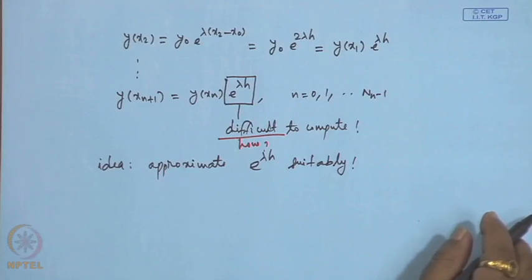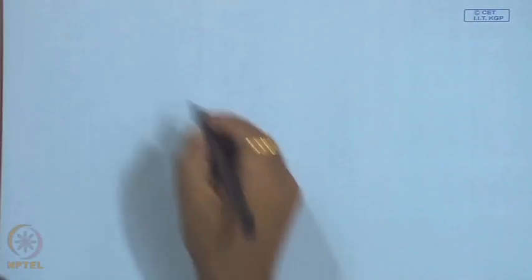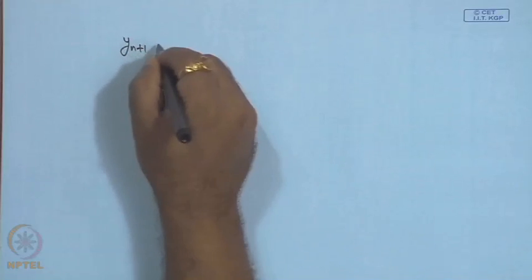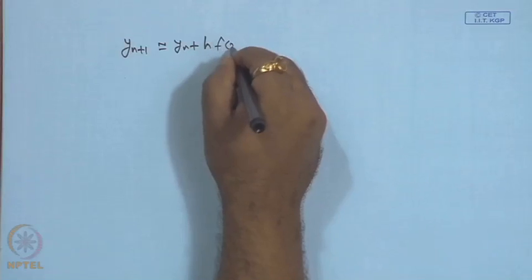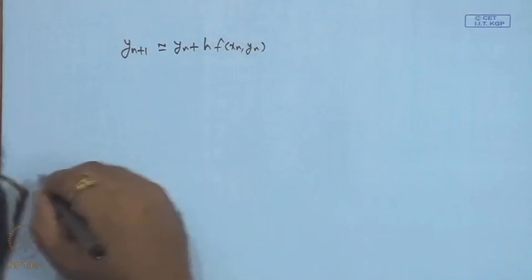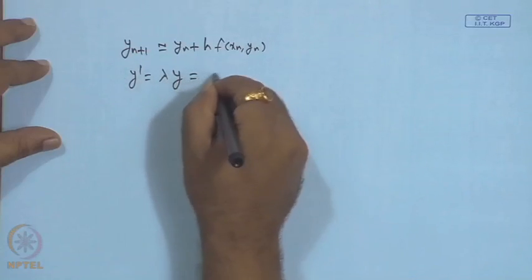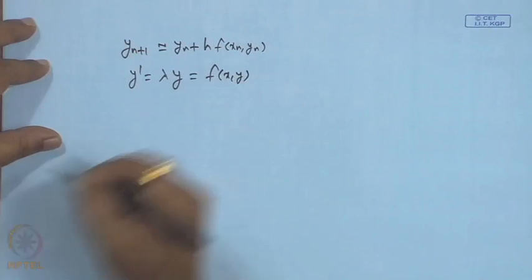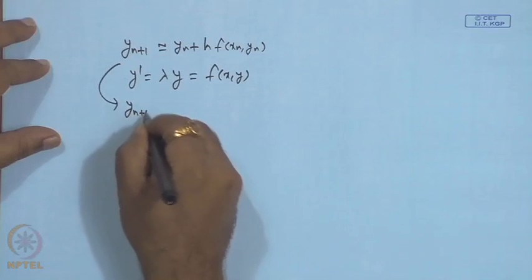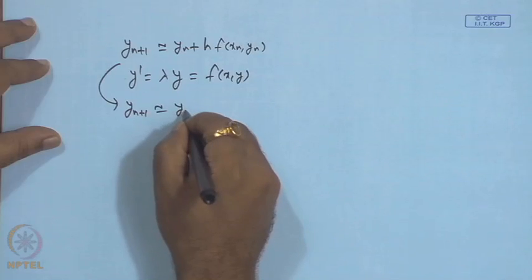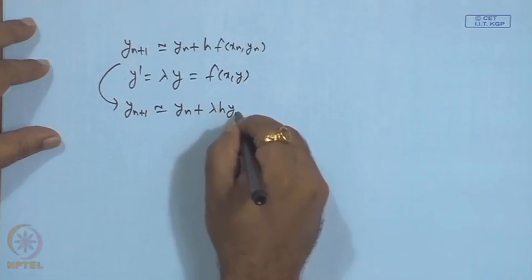Okay. See, in case of Euler method, let us talk about Euler method: y n plus h f of x n, y n. And what was our reference equation? Lambda y. So, this is our f of x y. Therefore, this reduces to y n plus lambda h y n.